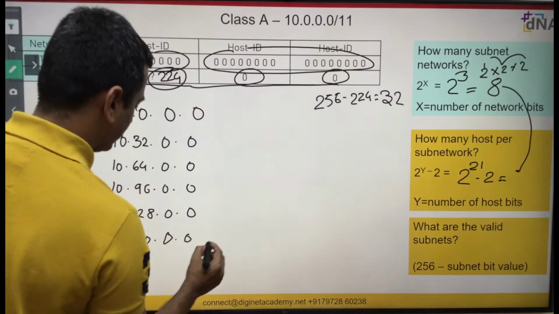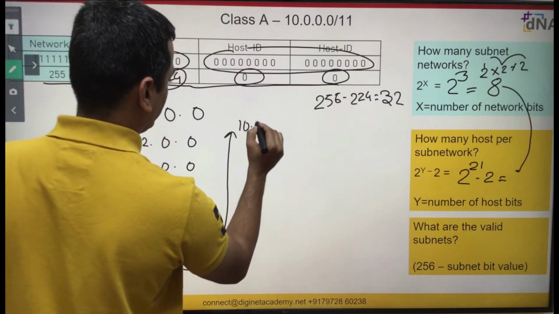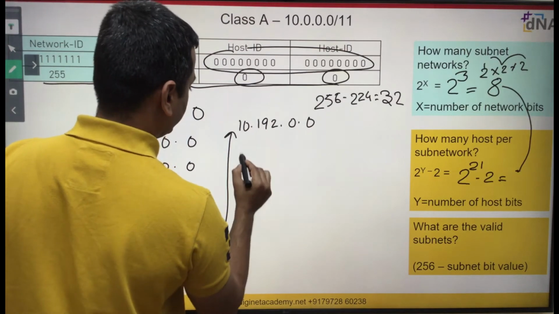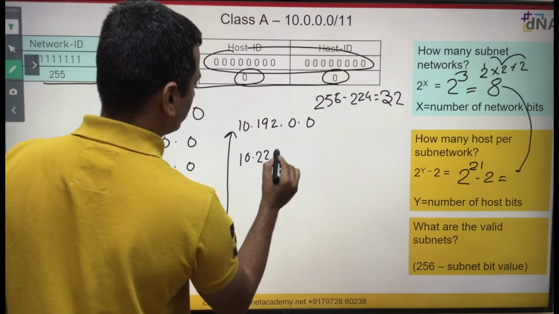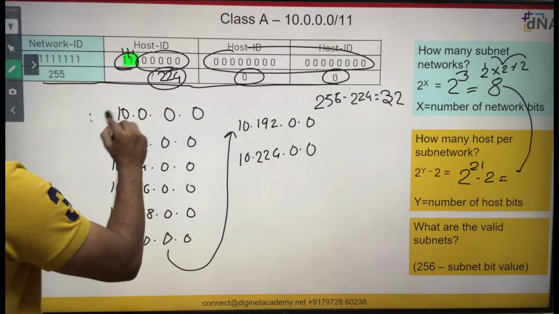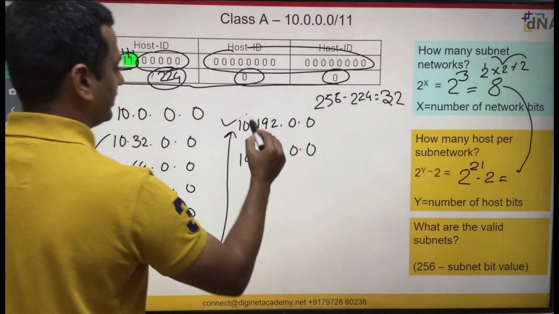Then the next, I am continuing from here, right? Then 10.192.0.0, and then 10.224.0.0. Total 8 networks: 1, 2, 3, 4, 5, 6, 7, 8.